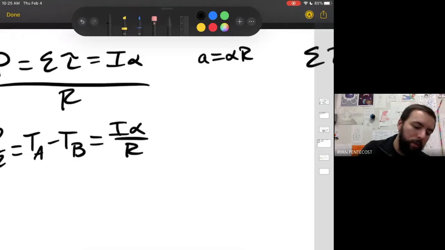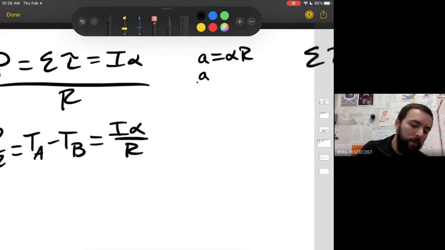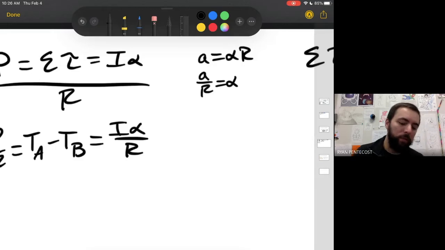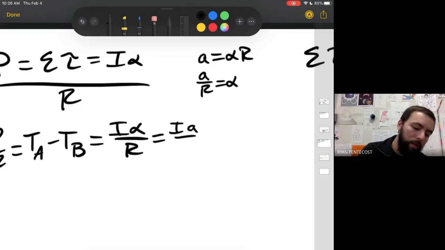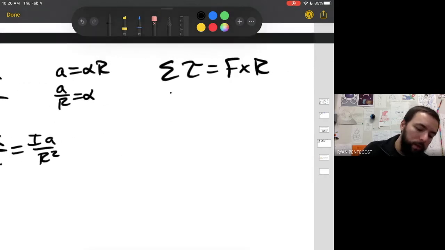So alpha divided by radius is, I'm sorry, A divided by R is alpha. Okay, so if we're substituting in for alpha, you've got to put A over R. So that means we have IA divided by R squared. And I also want to note that I is the summation of mass times R squared.